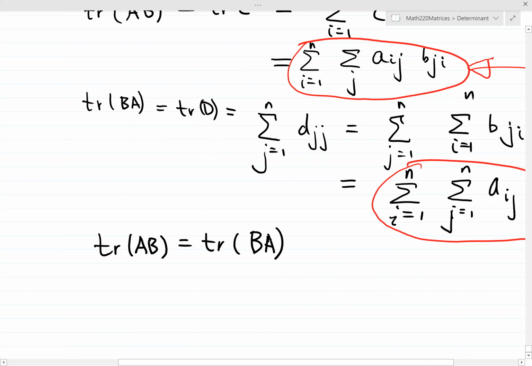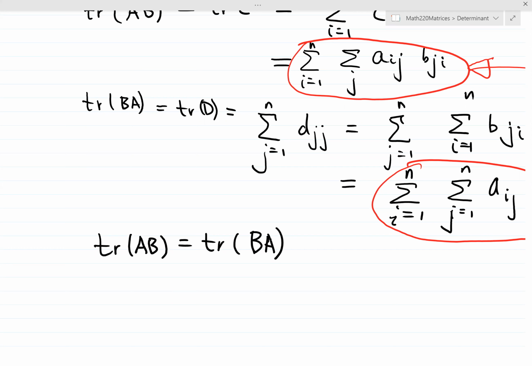Although matrix multiplication in general is not commutative, we recover the commutative property once we take the trace. This is a nice property.